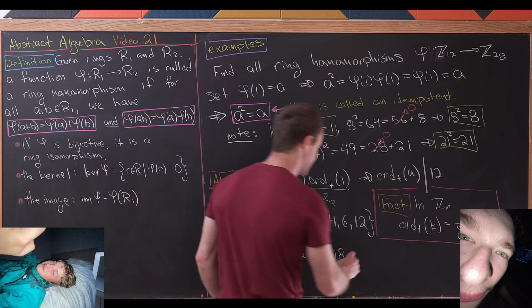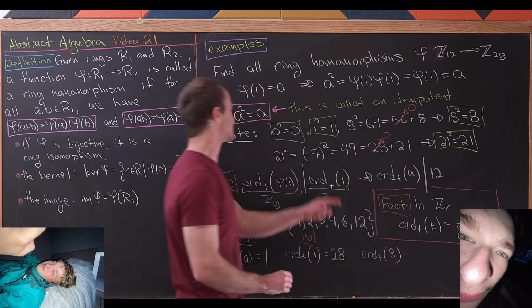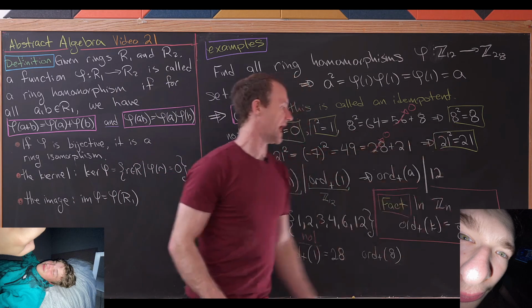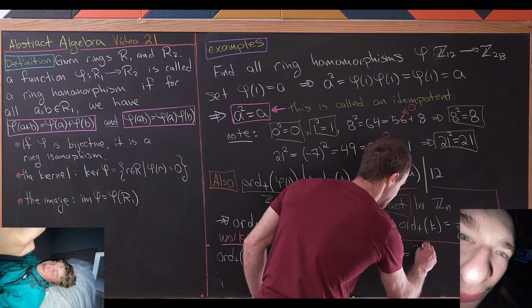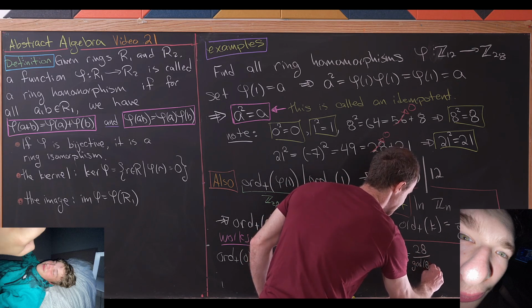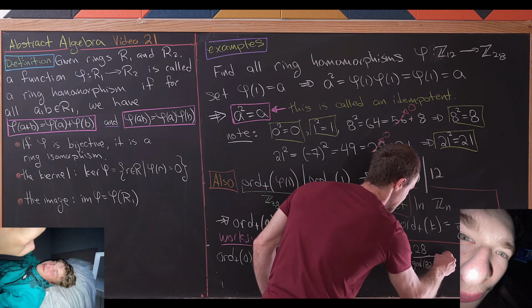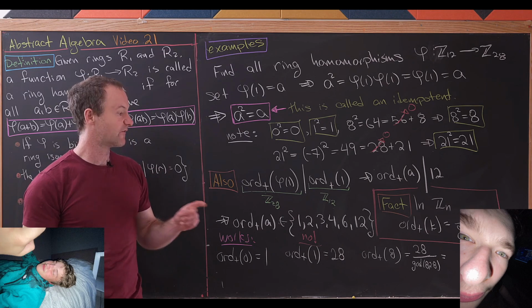And now let's look at the additive order of 8. That's our next possibility, given that 8 is an idempotent. That's going to be equal to 28 over the GCD of 8 with 28. What's the GCD of 8 with 28? I believe it is 4.